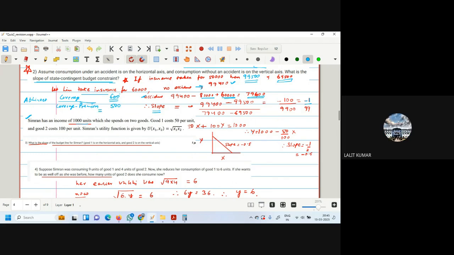For example, 50,000, then 50,000 minus 500. But the slope will not come from that, the denominator will be lower. Here 50,000 by 4,950 will come.